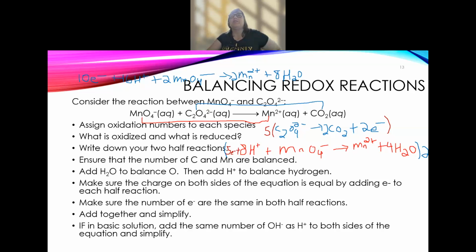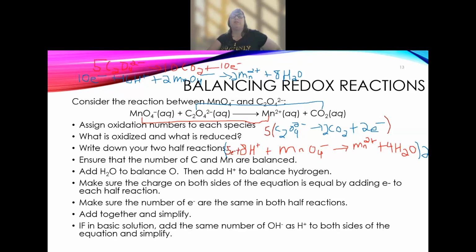Let's take a look at our other one. So 5 times the C2O4 2 minus gives me 5 C2O4 2 minus. That then goes over and gives me 10 CO2 plus 10 electrons.